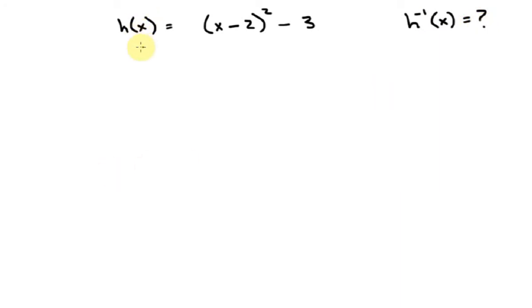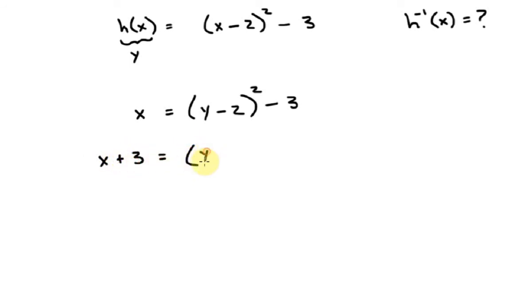So the inverse is what? Well, again, this is a y. So all the y's become x's, and all the x's become y's. So I did the switch. Very good. Now I'm going to solve for y. In this case, I'm going to add 3 over to the other side. Okay, so that's good.